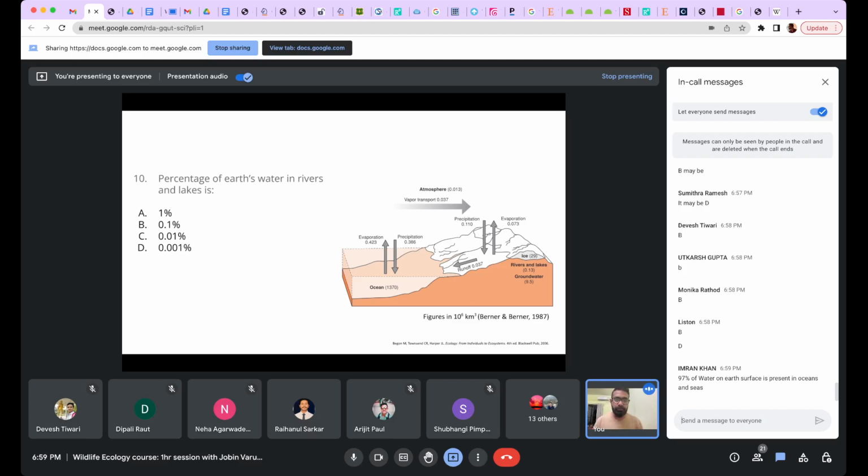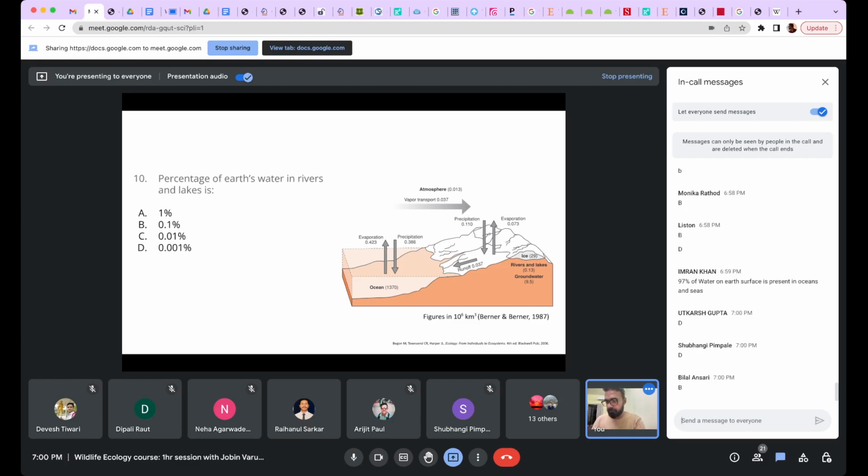Even if we add groundwater, it becomes almost 1,380. So if you add everything, rivers and lakes are basically 0.13 upon 1,370. How much is that? 0.13 upon 1,370 into 100.